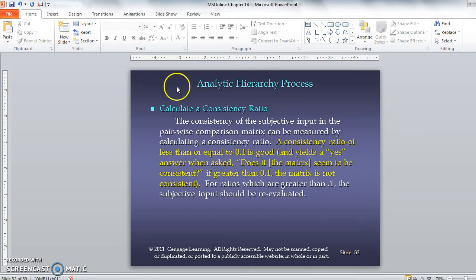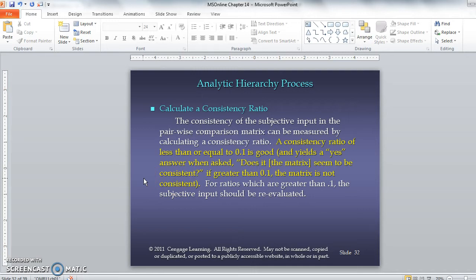Now, lastly, we want to calculate something we call the consistency ratio. That is, do our comparisons make sense when we compare the choices in the pairwise matrix? If we have a low value for the consistency ratio, less than or equal to 0.1, we say that our comparisons are consistent between one another.